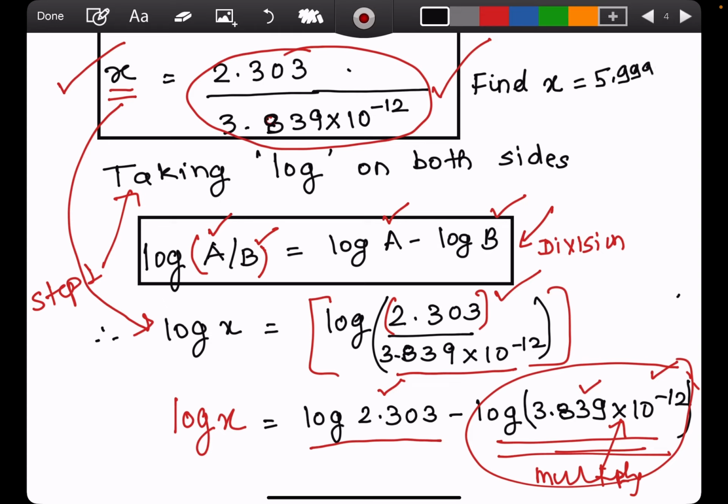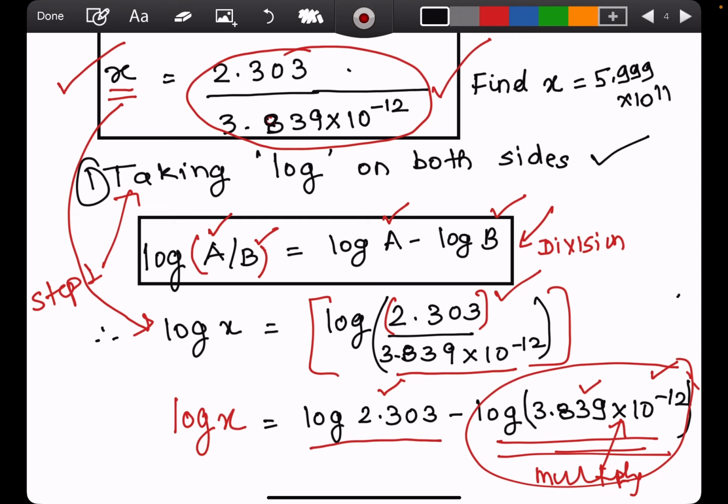Now how did we get this? Let me recap. The first step was we took the log on both sides. Then we found the individual logs. First we used the expression for division, log of a by b is log of a minus log of b. Then we found the corresponding values, log of 2.303, log of 3.839 into 10 raised to minus 12.